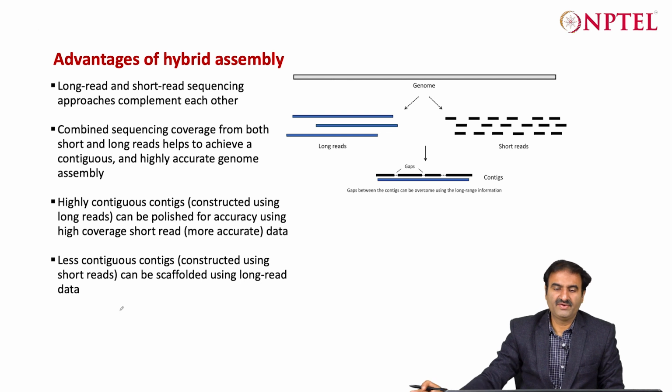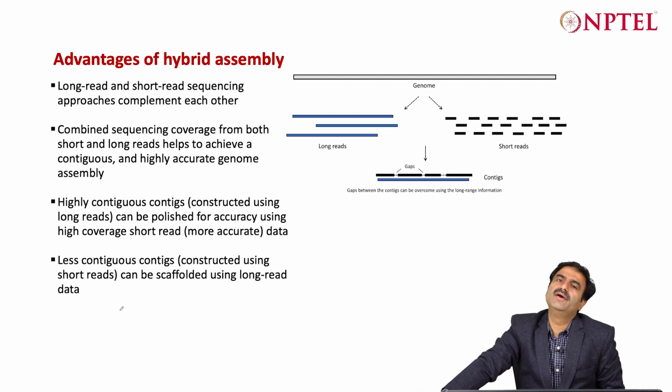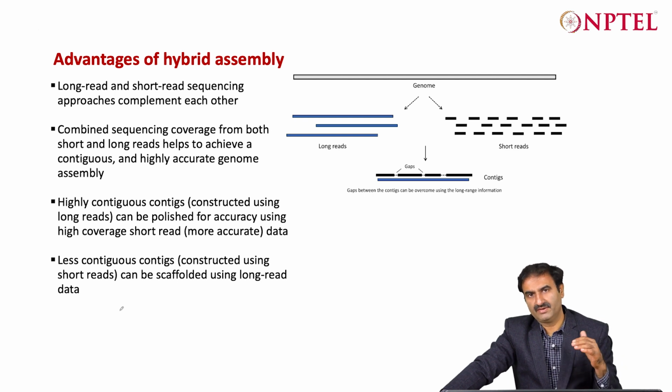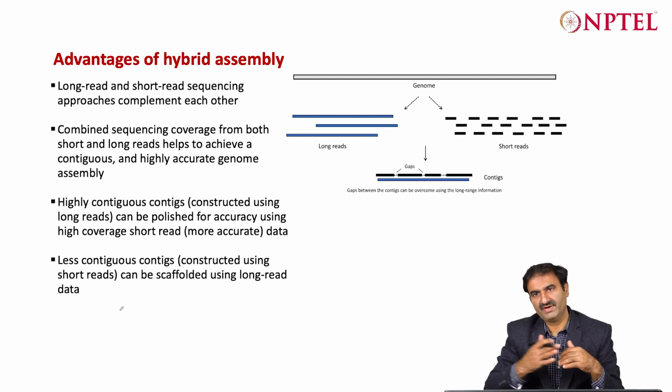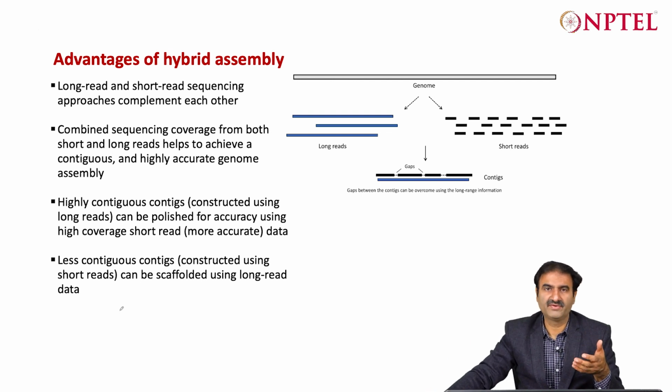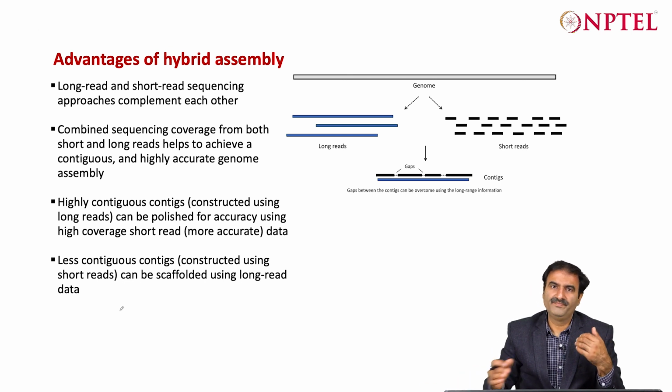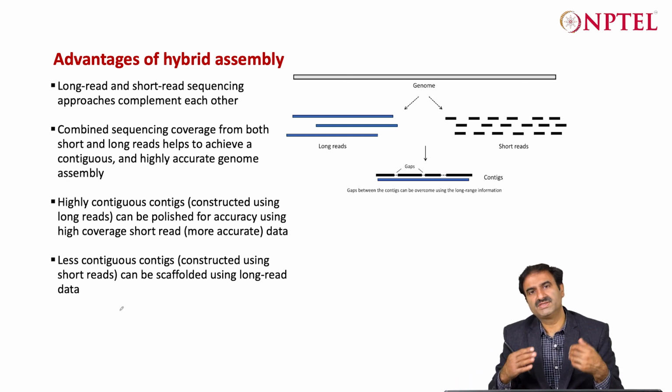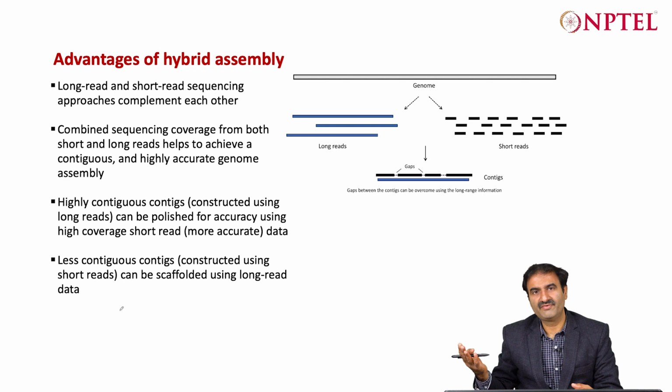So that is the advantage of hybrid assembly, that you are using the information of the long reads, which cover longer parts of the genome, like for example in the case of nanopore it is covering 100 kb or 200 kb. You can imagine how much assembly you would have to do with short reads to achieve 200 kb.